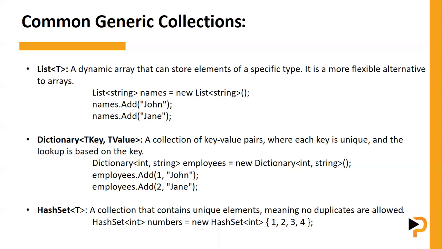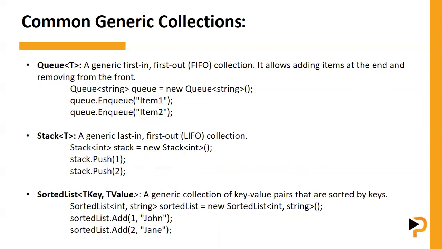It means the property of a set is obviously that no duplicates are allowed and the value should be unique. So the same thing applies here, of a particular specific type. So here is a HashSet of type integer, and the name is numbers. We are inserting some values 1, 2, 3, 4. If you're trying to insert one more value, 1 again, it will not allow you. It should not allow the duplicate.